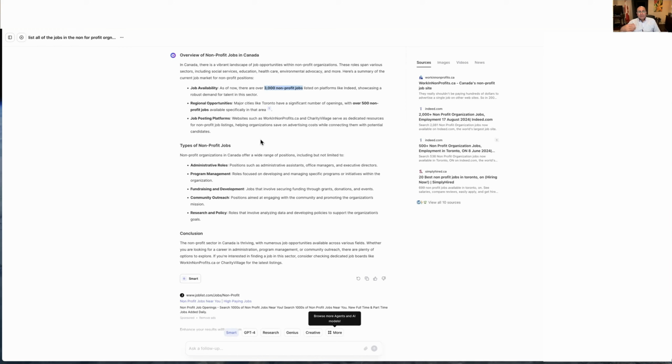The other category of jobs is research and policy. Why? That's because we need to know where those funding institutions and companies are. We deal with the population.